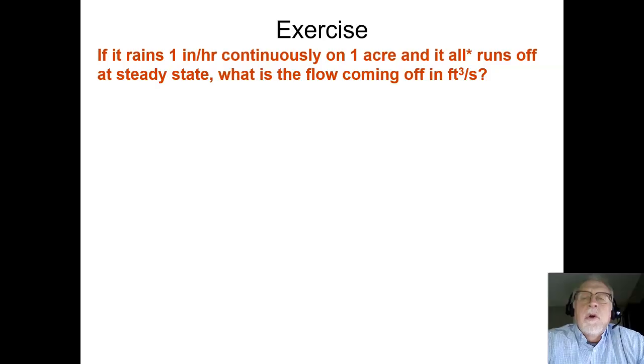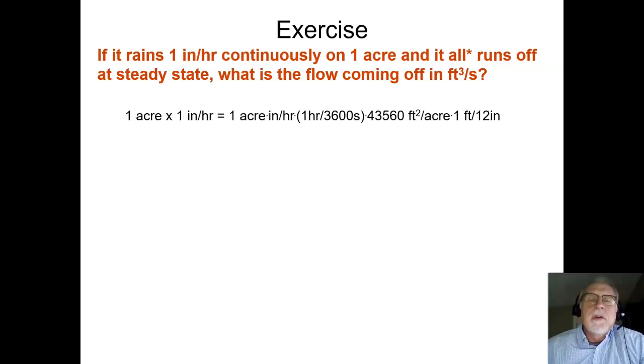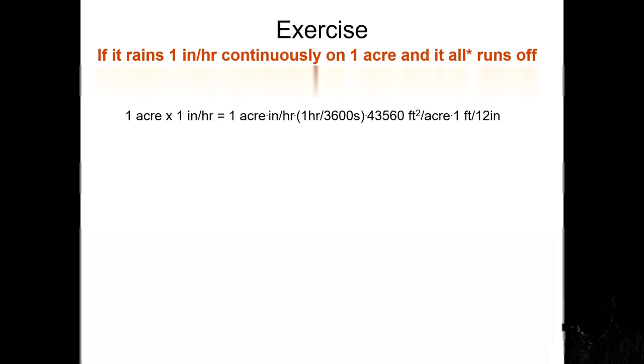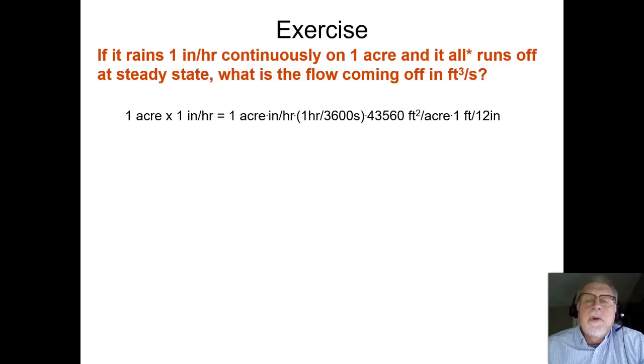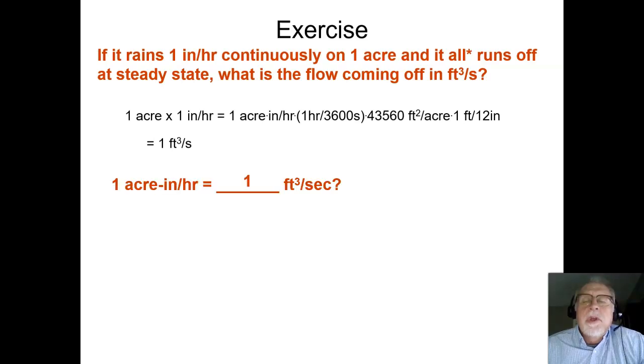So if I take 1 inch per hour times 1 acre, I should be able to calculate a rate of runoff. And if I convert units on that, so 1 acre times 1 inch per hour, convert units, hours to seconds, acres to square feet, inches to feet, I come up with about 1 cubic foot per second. So 1 acre inch per hour is 1 cubic foot per second.